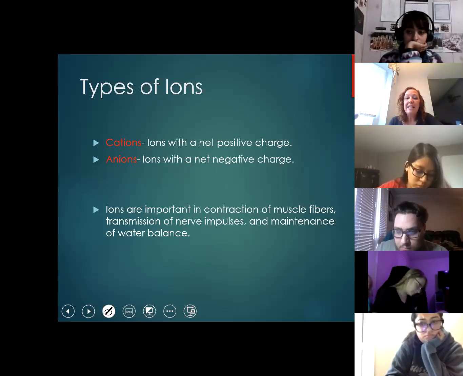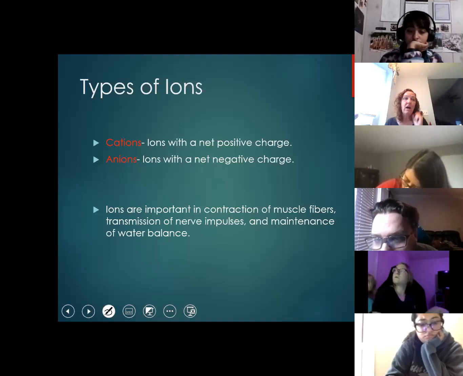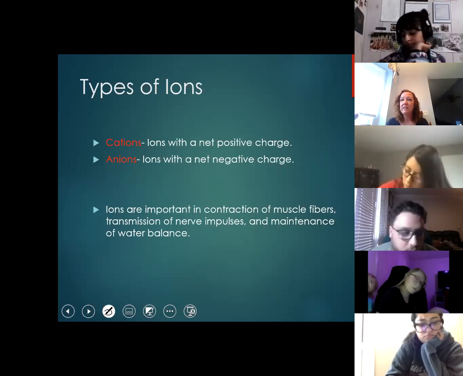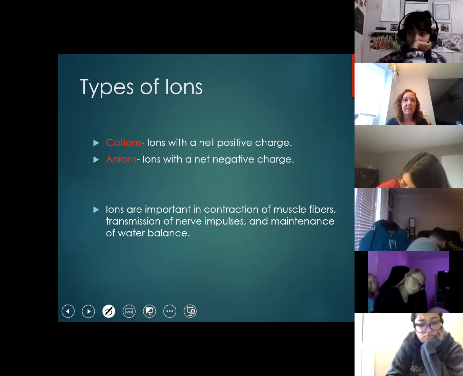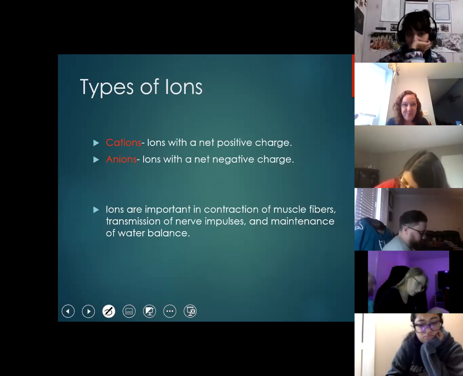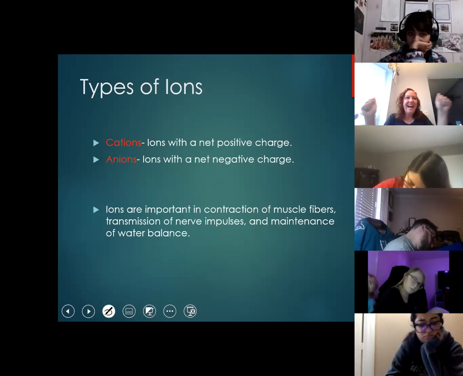Very nice. There's a T in cation, and the T is a positive sign. That's a wonderful way. I love that. So in sodium chloride, the anion would be chloride, and then sodium would be the cation. Uh-huh. She got it.